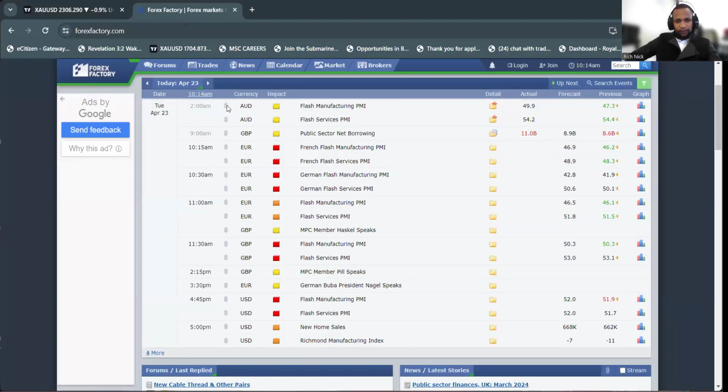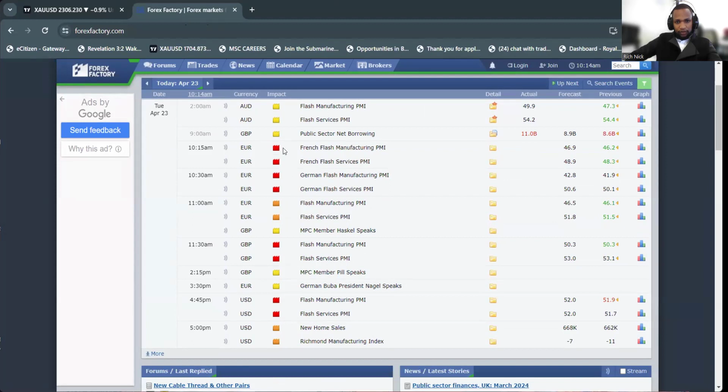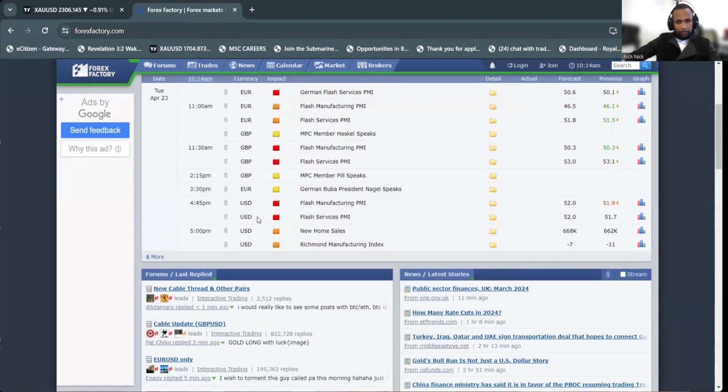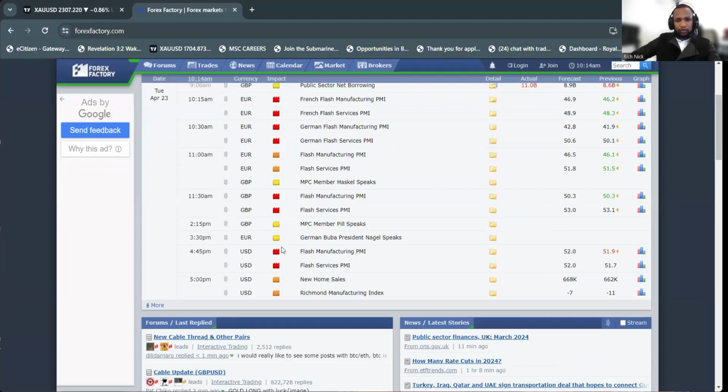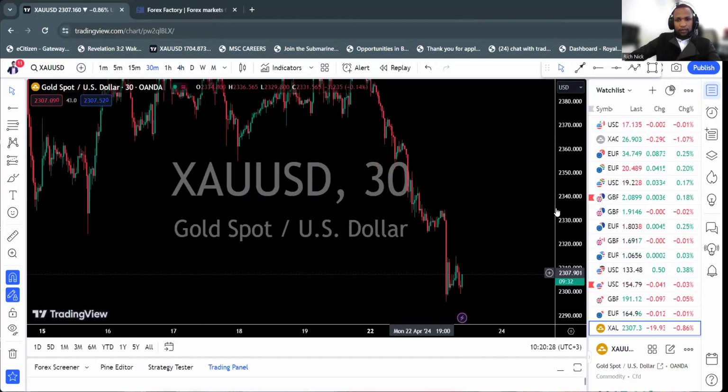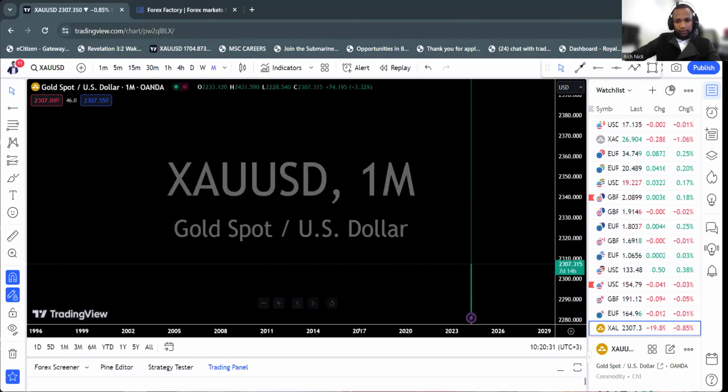Today is the 23rd of April, and at 10:15 we have the Euro news, the flash PMI, manufacturing and service PMIs, and Germany's manufacturing and service PMIs as well. For the USD, we have the manufacturing and service PMIs at 4:45 p.m. We do our analysis, and at 4:45 it's very good to stay out of the market, so you don't get the profit you would have made flushed away at that time.